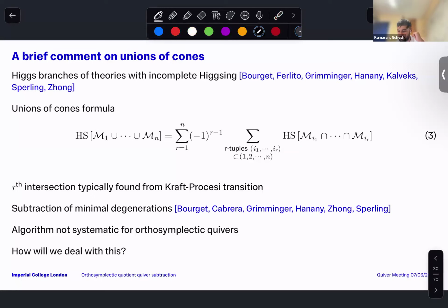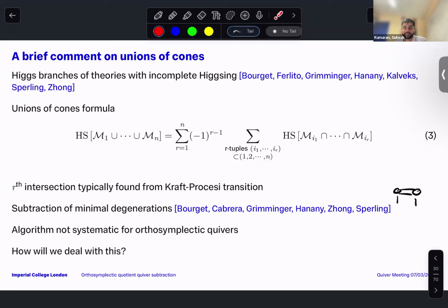So this is the type of thing where you would subtract affine Dynkin diagrams, or you would have some slices like, well, I guess this is also an affine Dynkin diagram, but these kinds of things which allow us to get the structure of the Hasse diagram. Unfortunately, such a thing isn't systematic for orthosymplectic quivers yet. So we will encounter unions of cones.